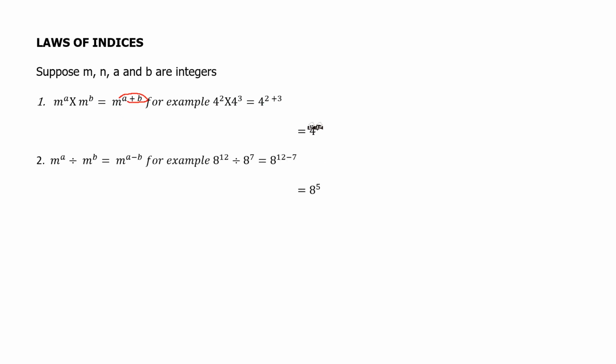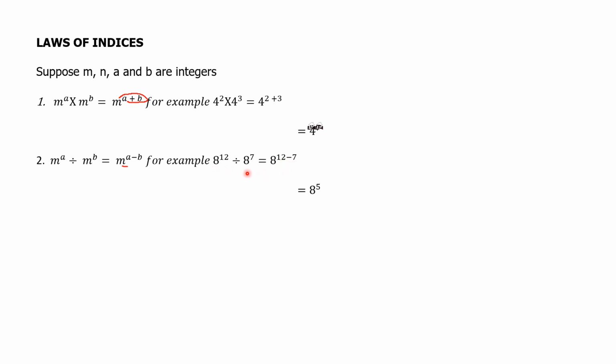The second law is when we are dividing numbers of the same base, we keep the base and then we subtract the powers. So we have m power a minus b. An example: if I have 8 power 12 divided by 8 power 7, this is equal to 8 power 12 minus 7.